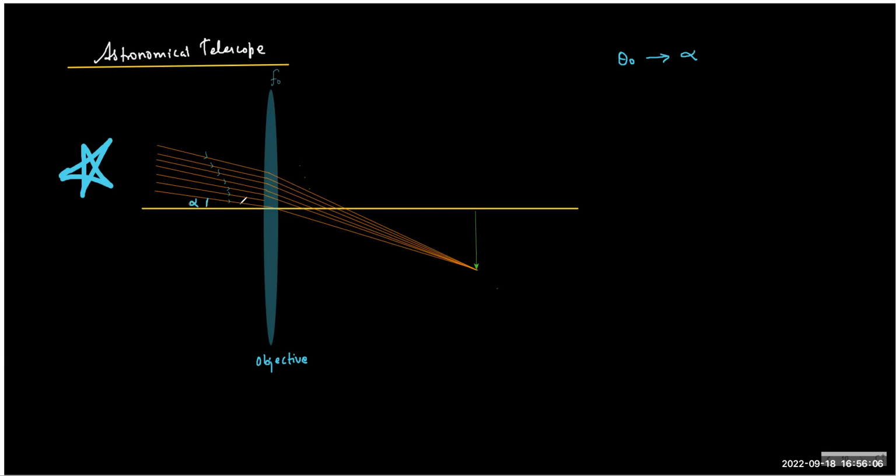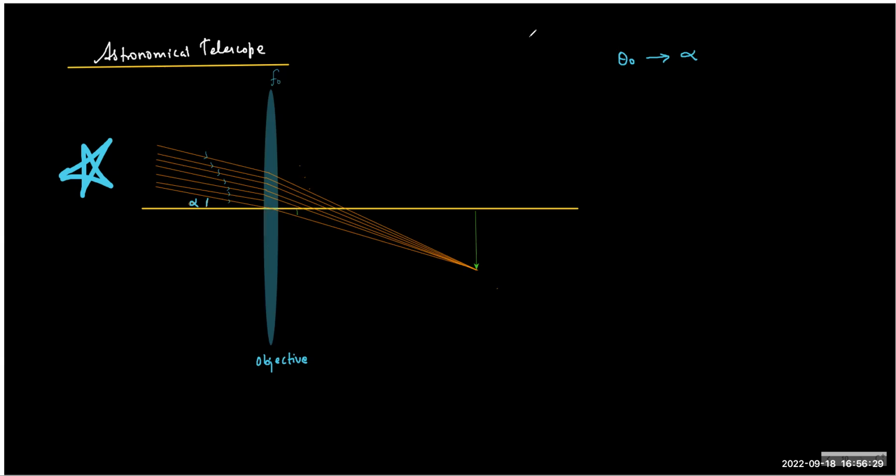So if this is alpha, because we know the line passing through the optical center will also form alpha. All this diagram is slightly disturbing because of the way I have drawn it, but let me try to compensate somewhat.